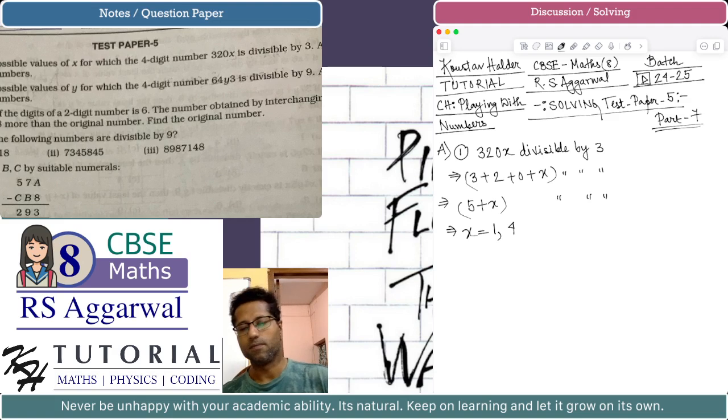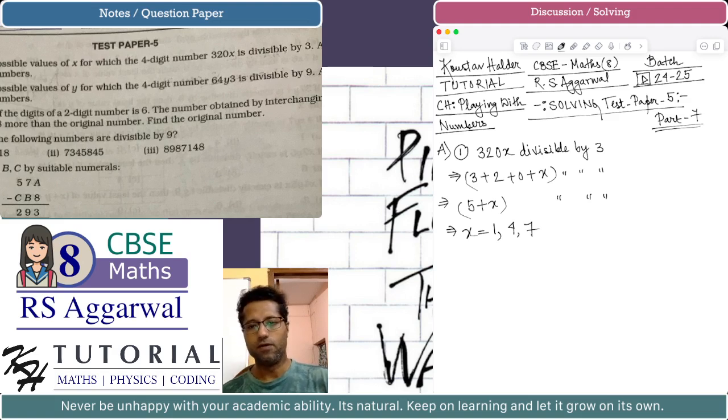Now, what else can the value of x be? The next number after 9 which is divisible by 3 is 12, and to make 5 plus x equal to 12, x must be 7. So the next value x can have such that 5 plus x is divisible by 3 is 7.